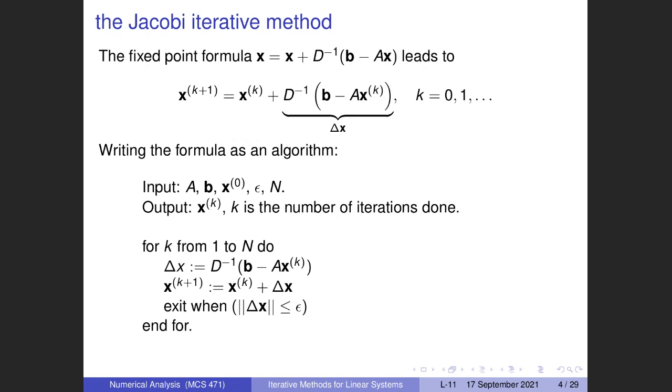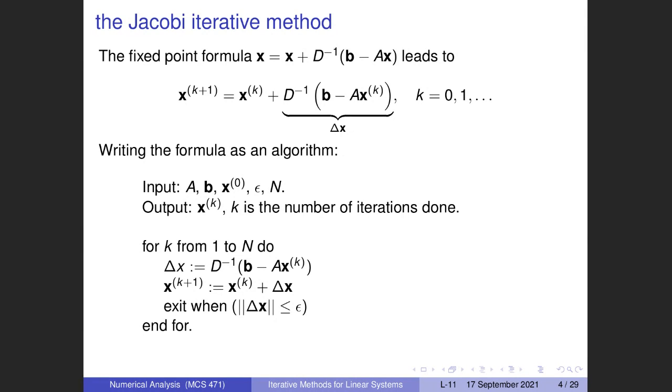And that gives rise to the first method we consider. That's the method of Jacobi, or the Jacobi iterative method. So here we have a delta x that we add to the solution, the delta x that is actually obtained by taking the residual vector.